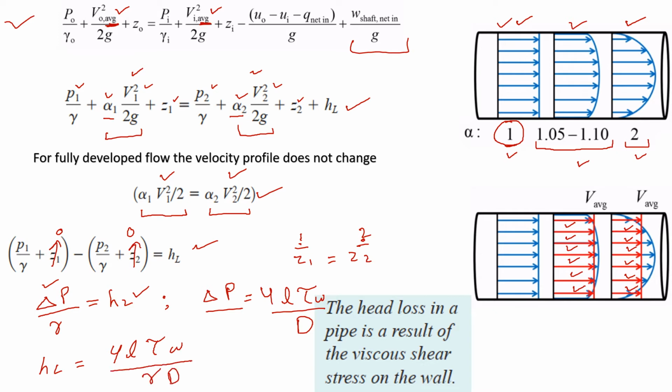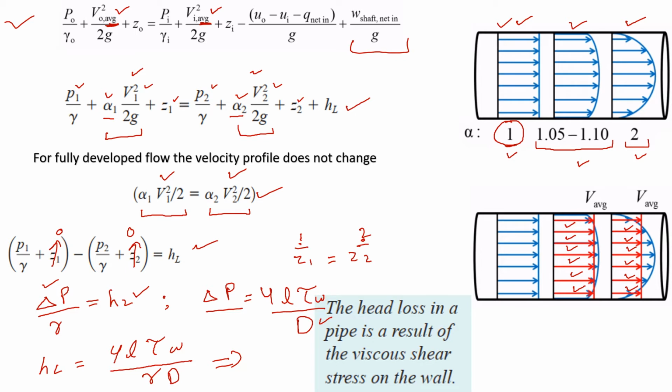You can further simplify it by taking D, and as you know, R is equal to D by 2, so you can put D equal to 2R and switch this D with 2R. So let's do that to get our final equation for our head loss.